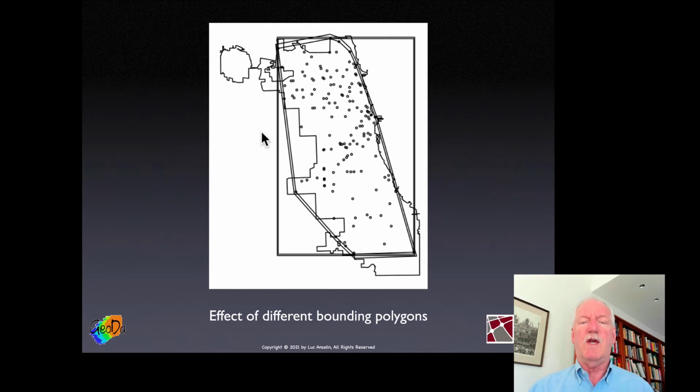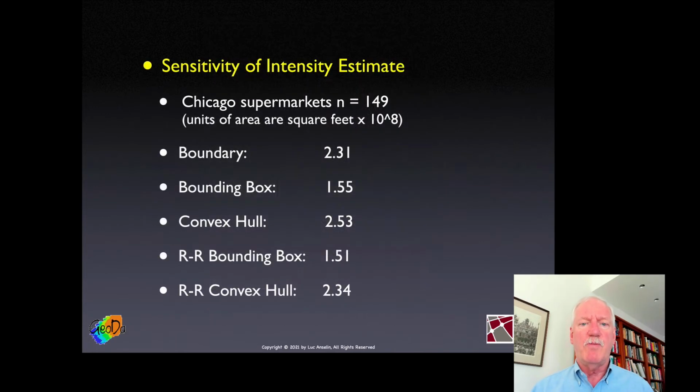And just to illustrate the effect of these different bounding areas on the computation of intensity, we have 149 points in our Chicago supermarket example. And we can compute the area for the three different cases with an adjustment for the bounding box and the convex hull.